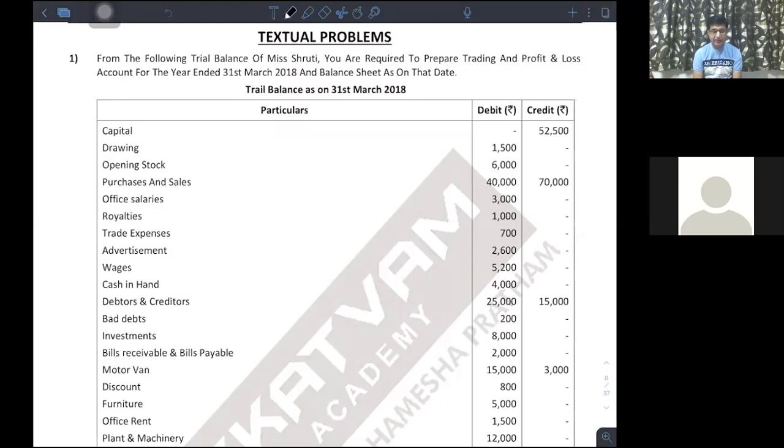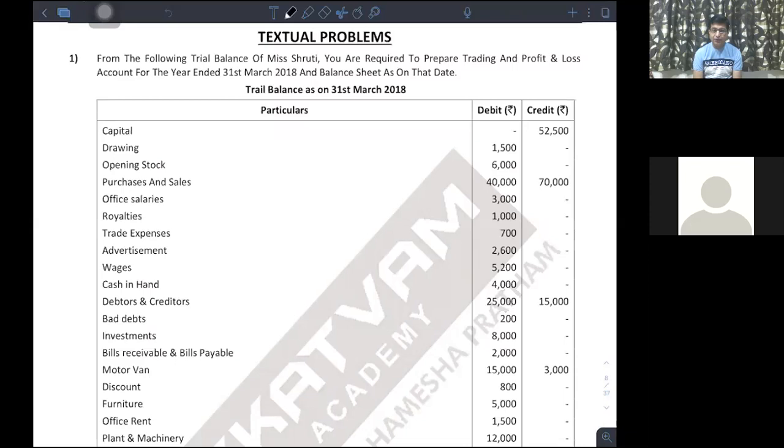Mind well, my dear friends, the total of the balance sheet on the asset side must be equal to the total of the balance sheet liabilities side automatically. Why? Because we are following the double entry system.